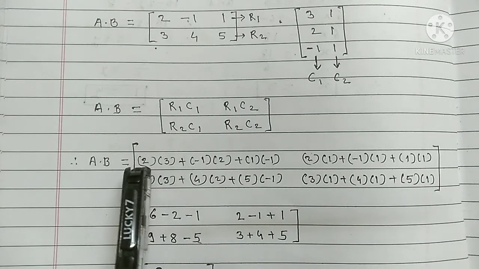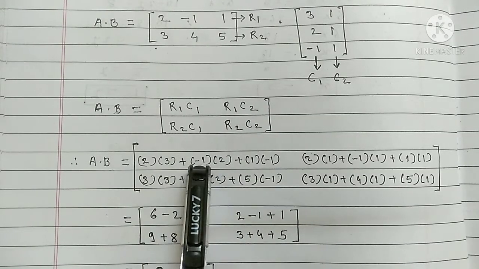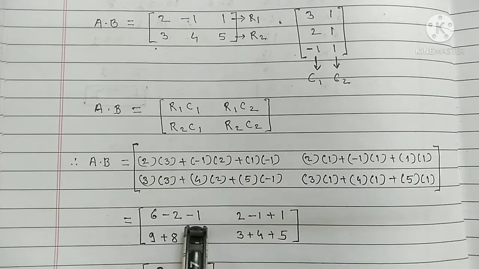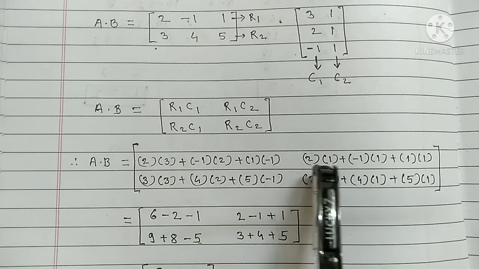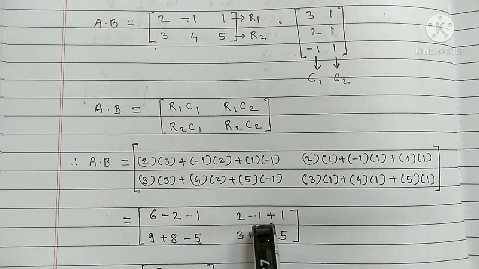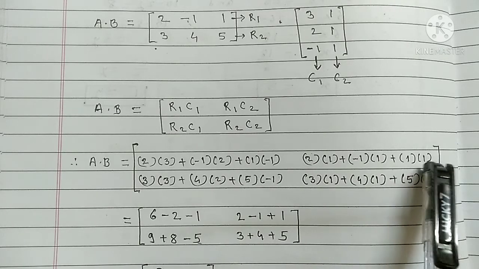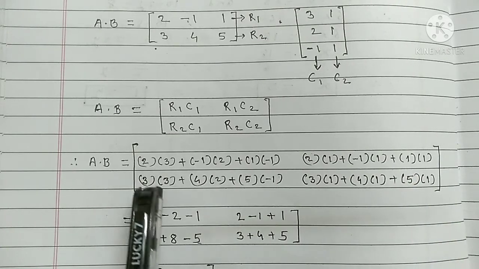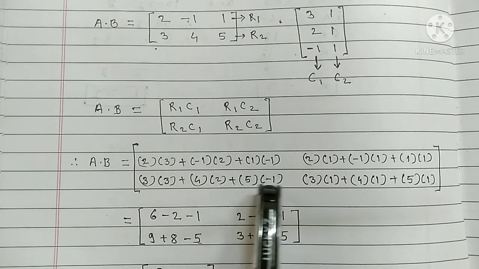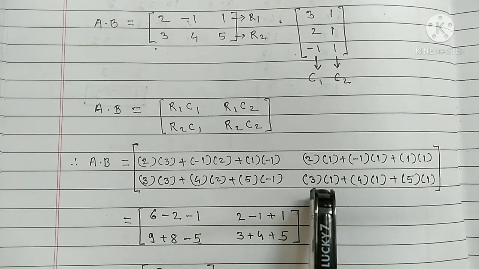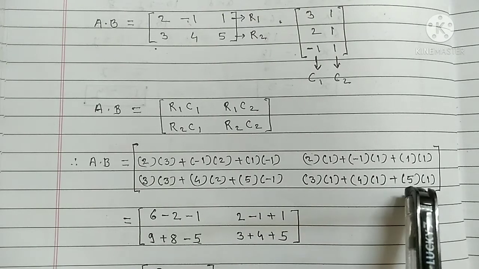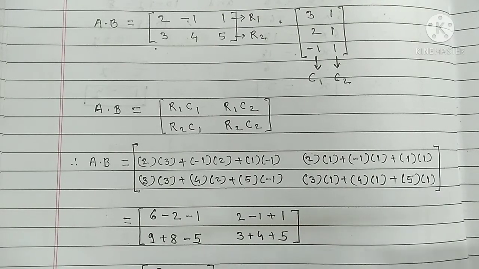So here 2 into 3 is 6, minus 1 into 2 is minus 2, 1 into minus 1 is minus 1. Then 2 into 1 is 2, minus 1 into 1 is minus 1, then 1 into 1 is 1. Then 3 into 3 is 9, 4 into 2 is 8, 5 into minus 1 is minus 5. 3 into 1 is 3, plus 4 into 1 is 4, plus 5 into 1 is 5.